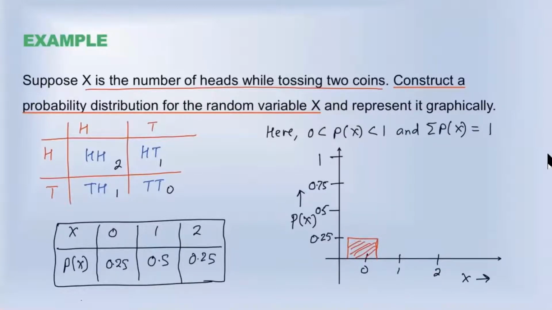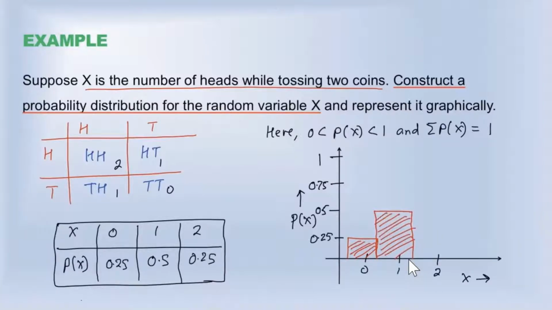Okay, second, we have x equal to 1. When x equal to 1, the probability is 0.5. So here you go up to 0.5. You can make the connected bar, no problem with that. That'll be a histogram. It really doesn't matter because we are just representing this.